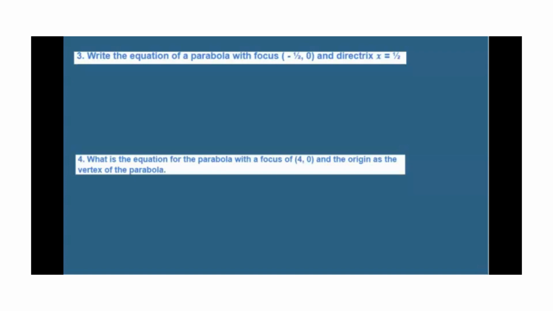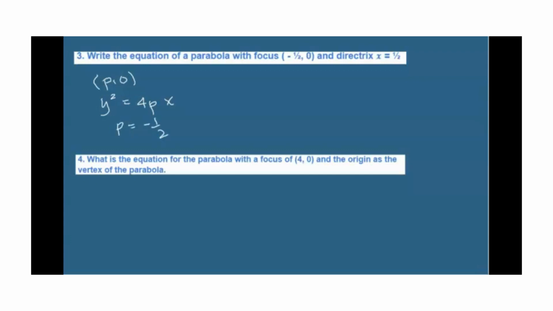So the focus has the form (p, 0). So the equation will have the form y squared is equal to 4px. So we have p, which is -1/2.